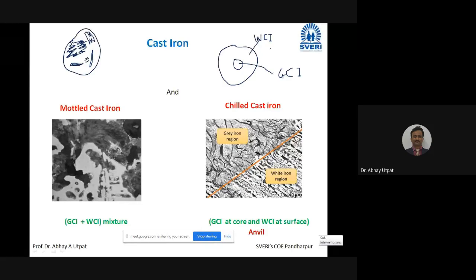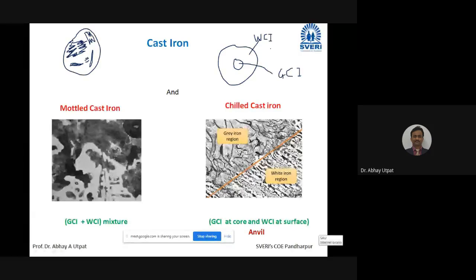But it will not happen. So the center part gets cooled slowly, and only in the outer range will there be white cast iron. At the inside part the cooling will be slow, and that slow cooling will produce a grey cast iron structure, and that grey cast iron structure at the core, the center part, will help us with shock absorption.